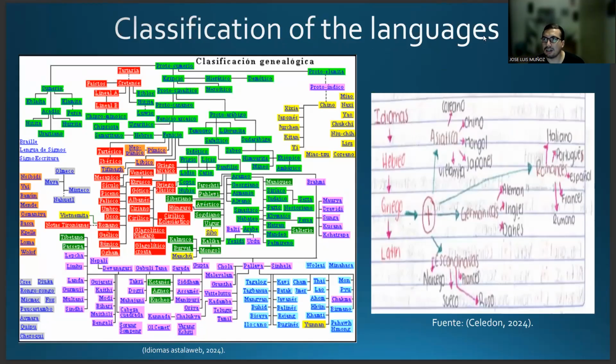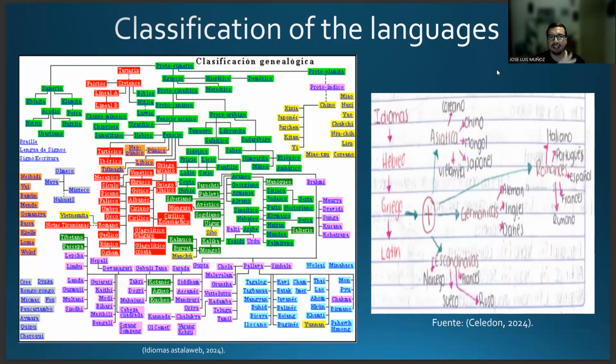On the other slide, we have the classification of the languages. On the left side, we have all the languages that existed before and exist now.